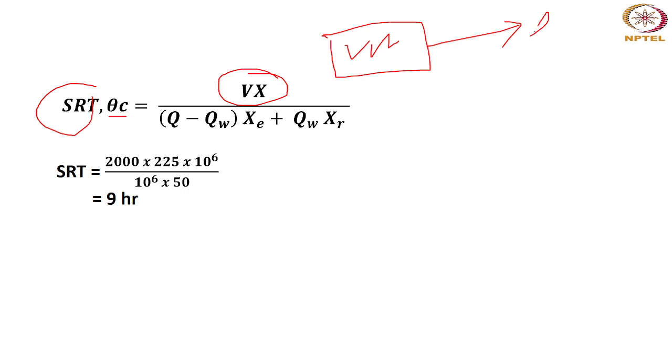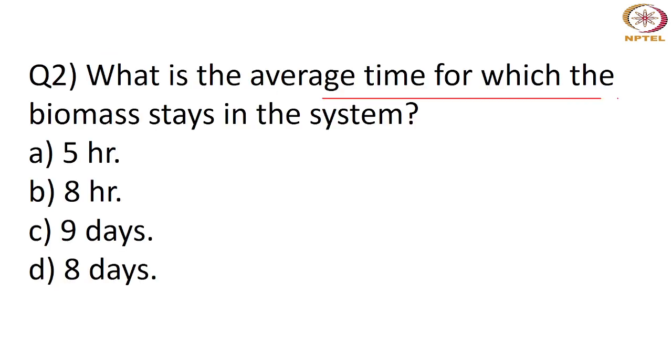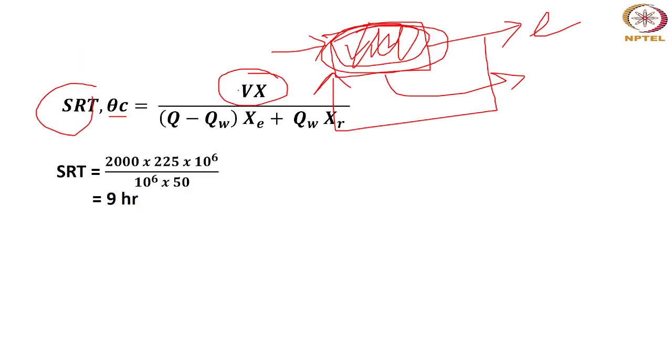Some part is going out, some part might be recycled. So the basic concept is whatever solid is inside divided by whatever is going out. And this will give you the solid retention time or the average time for which the biomass stays in the system.